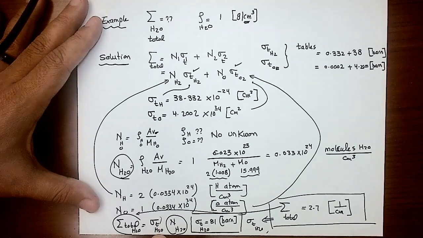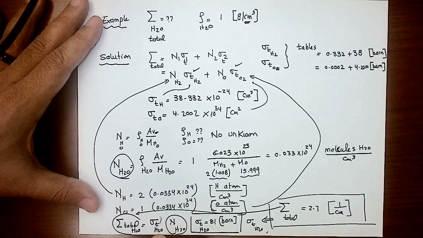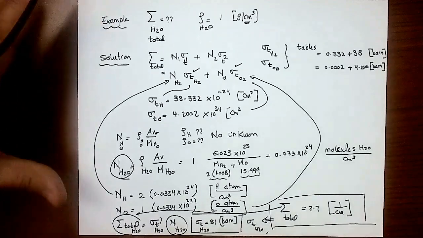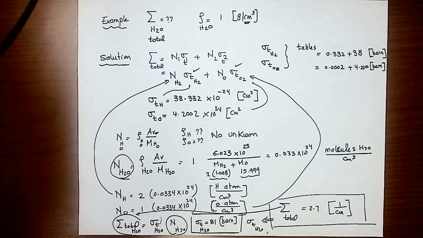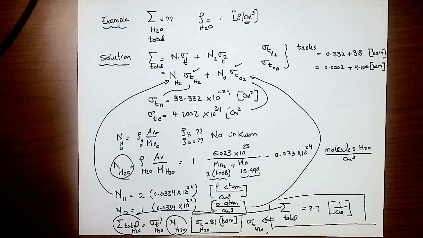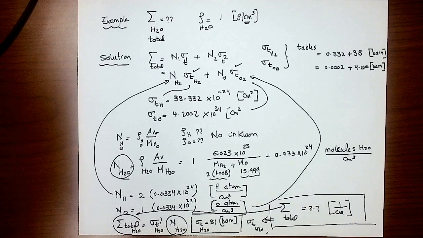But I can do some estimation of the total microscopic cross-section for H2O from that example. This is just a very quick example. You may not see any similar problem anywhere else. I'm just showing you how we can use the formula for the capital and small sigma to do some quick math in this problem.